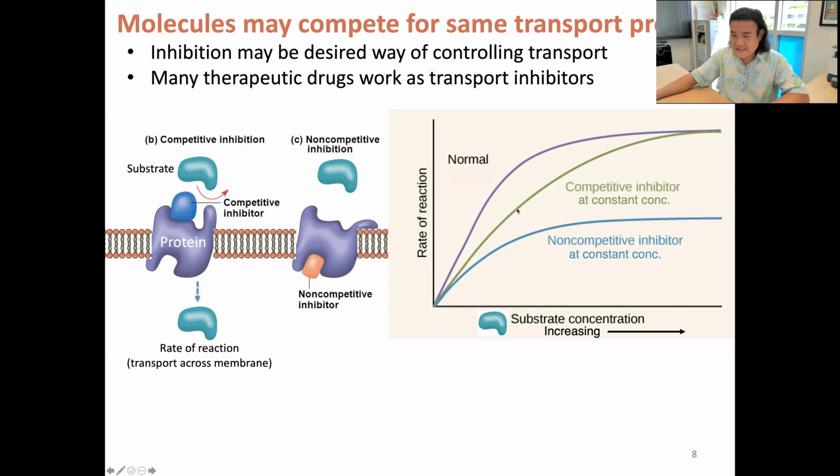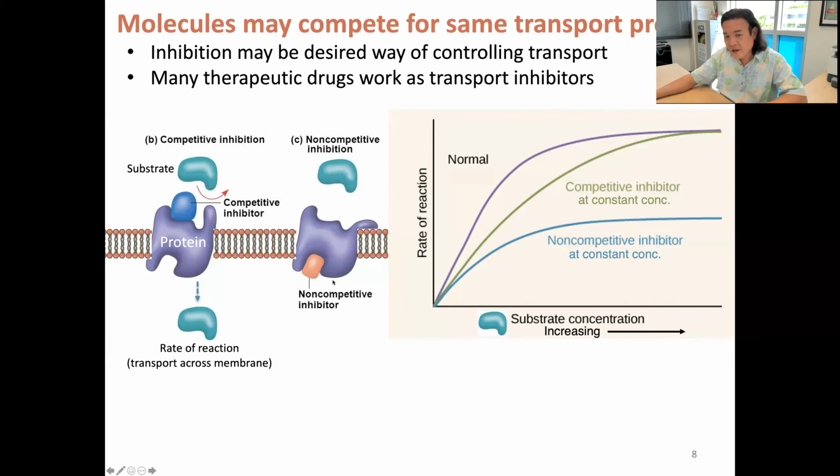But because this is competitive, as you increase the amount of the desired substrate, while keeping the concentration of the competitive inhibitor the same, eventually you end up out-competing the inhibitor. So eventually you're able to join up again with the maximum rate of diffusion or rate of reaction.